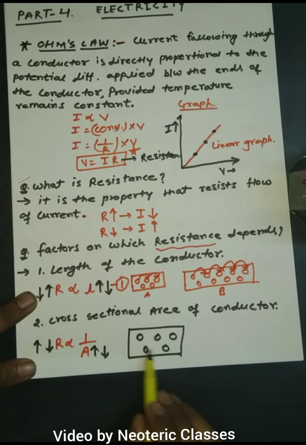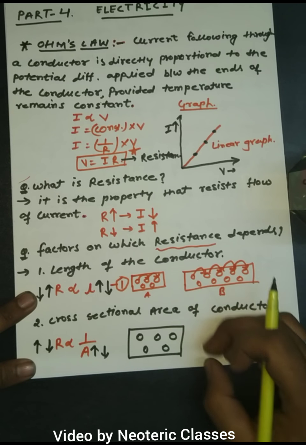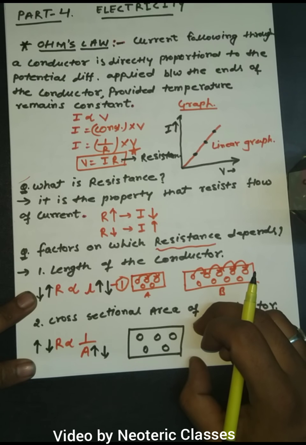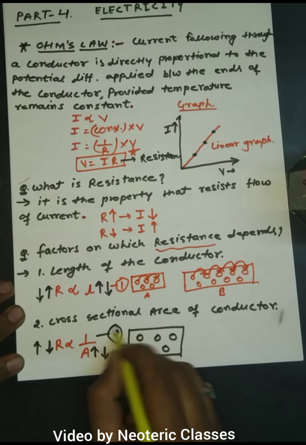So in this case the possibility of collision is less, and if the possibility of collision is less, that means the resistance is also quite low. Yes or no friends? So you can say that if you increase the cross-sectional area, your resistance is going to decrease. Got it friends? So we can consider this as equation number 2.